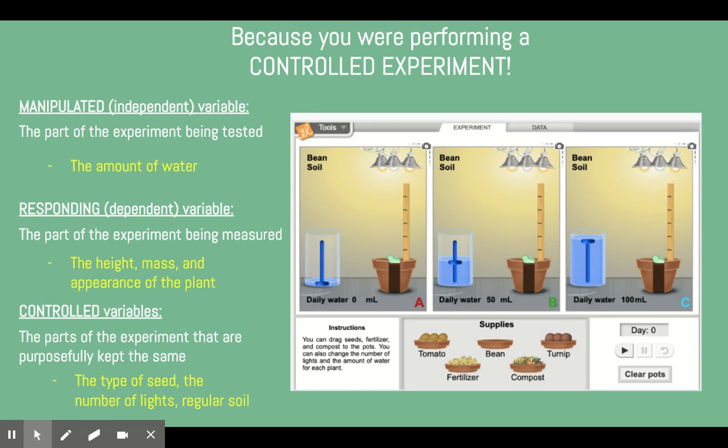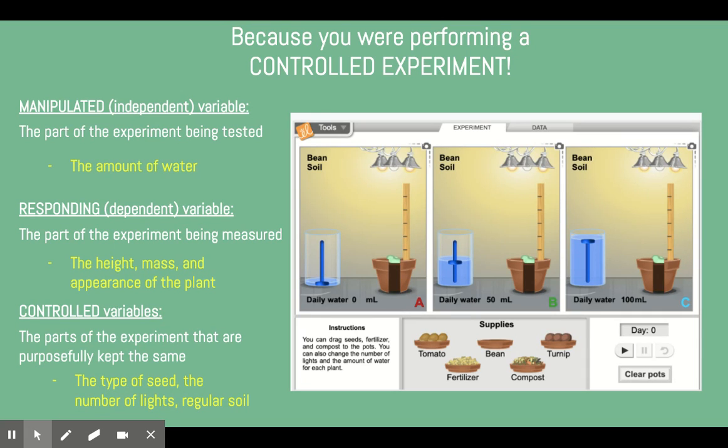And so the reason we did that is to make sure that the only thing we were changing was the amount of water. Because if we say we added compost to pot A and we only added 0 milliliters of water, but for pot B and for pot C, we didn't add compost, but we did change the water to 50 milliliters and to 100 milliliters.